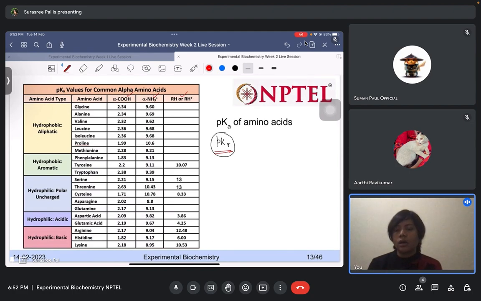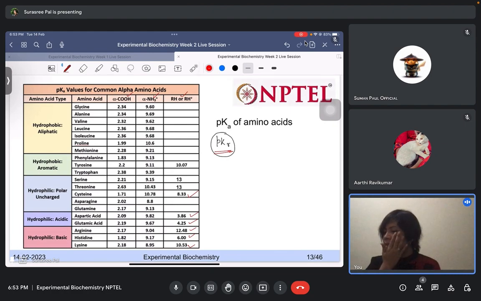There are particular structures which can ionize, so that is why they also have a pKa value, the particular R groups, the side chains. That is why we have 3 pKa values for amino acids like cysteine, aspartic acid, glutamic acid, arginine, histidine, and lysine, because they are all amino acids which contain ionizable side chains or ionizable R groups. So we have a pKr value for them as well.